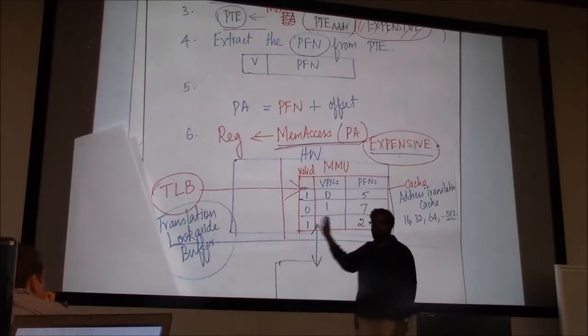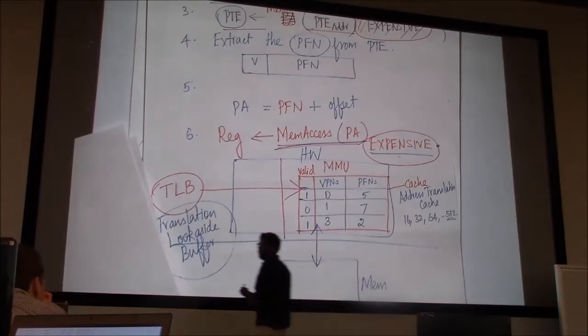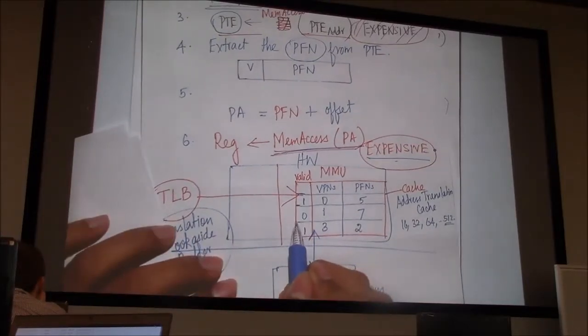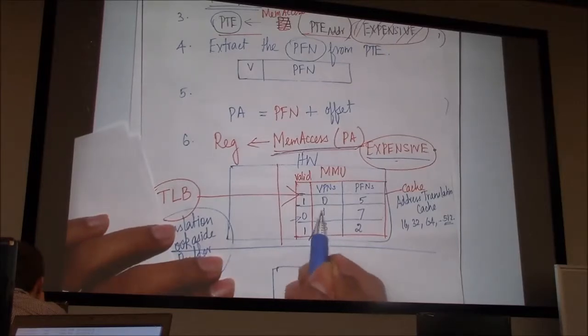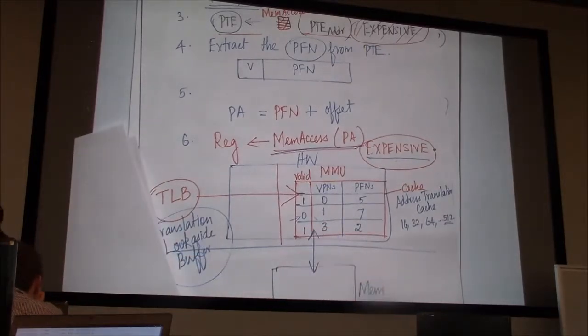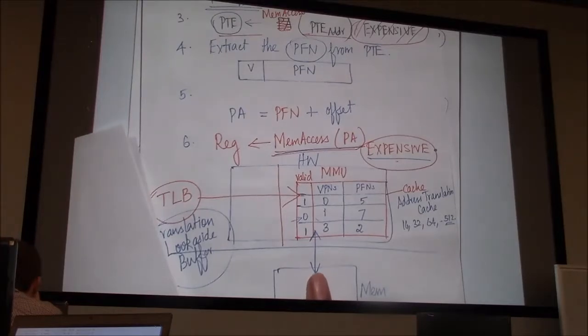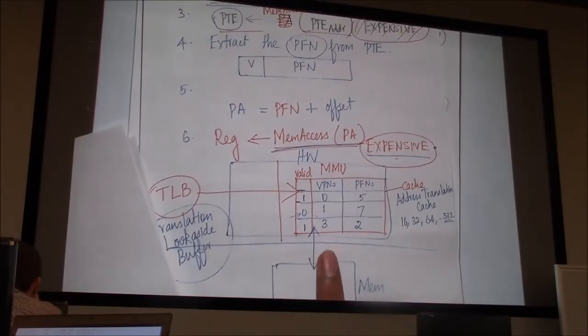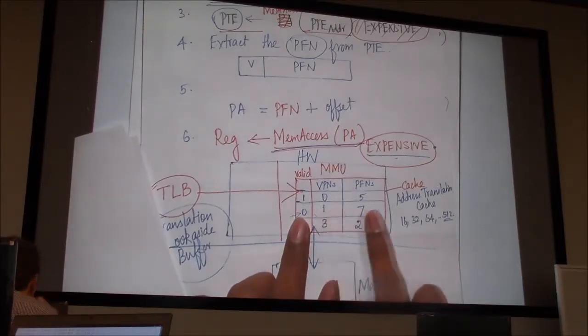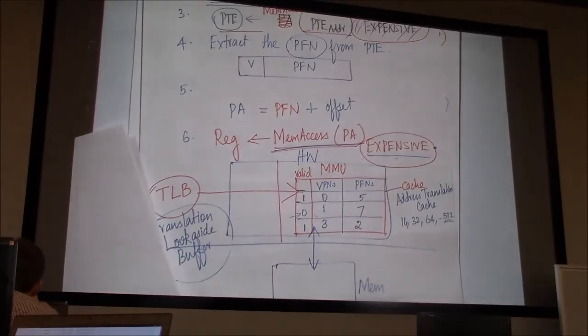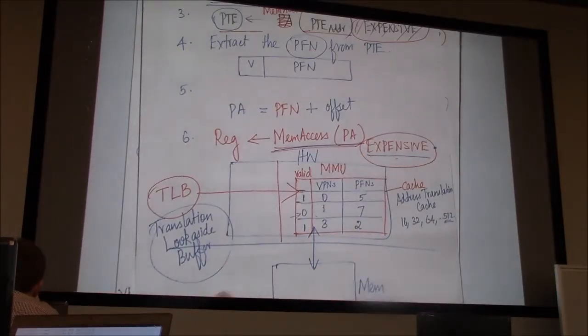All we can say is that this particular virtual page 1 for the process we're doing address translation for is not present in the TLB. Whenever a valid bit is 0 here, we will not even go and look at this information. I think this will be clearer after we discuss a few things. We can come back to this.